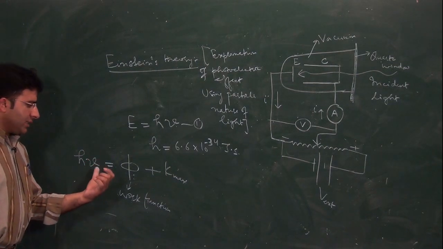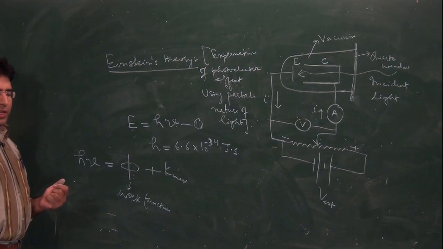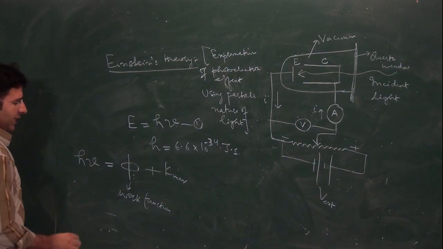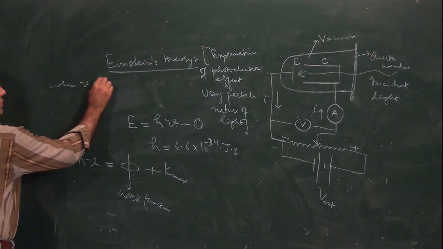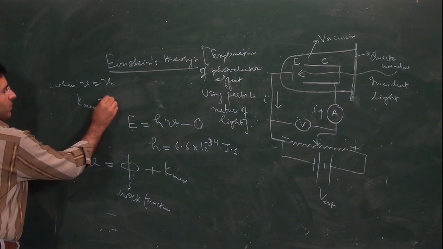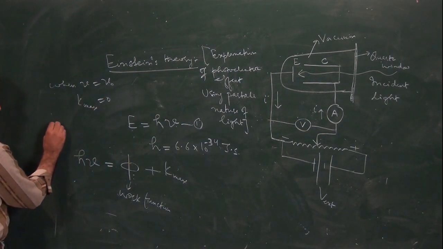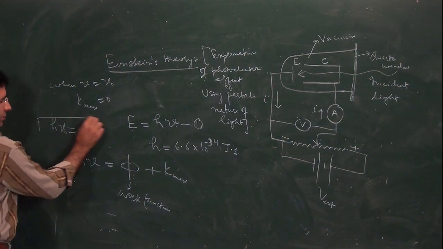Now what is the second problem? The second problem was the idea of threshold frequency. So Einstein said when nu is equal to nu naught, the threshold frequency, Kmax is 0. At that time this equation predicts h nu naught is equal to phi.